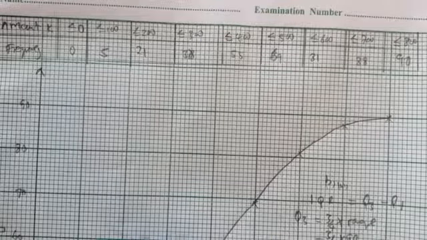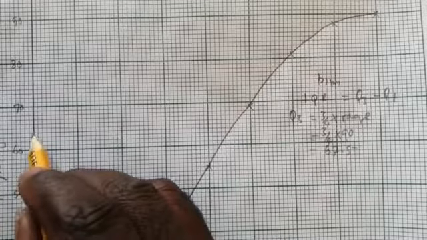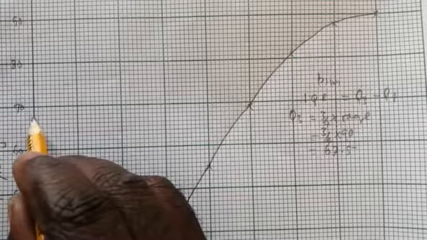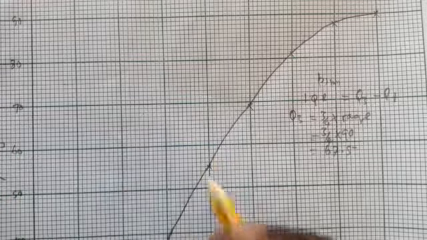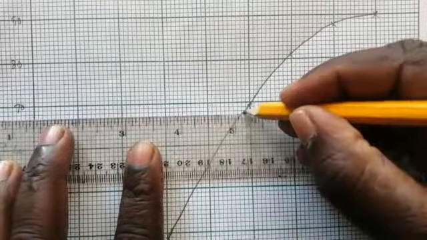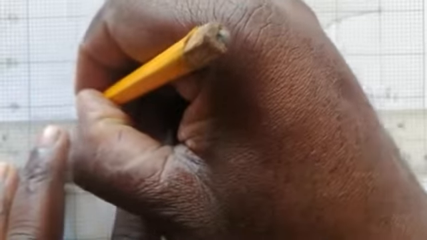So 67.5 on your graph, on your line: 60, 61, 62, 63, 64, 65, 66, 67. So 0.5 is the middle of this. You go there, put your line there, and then draw your line from there with dotted lines.